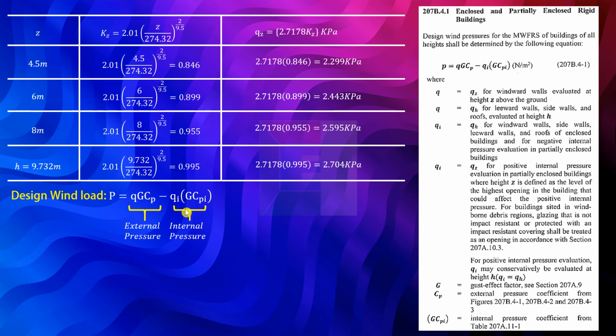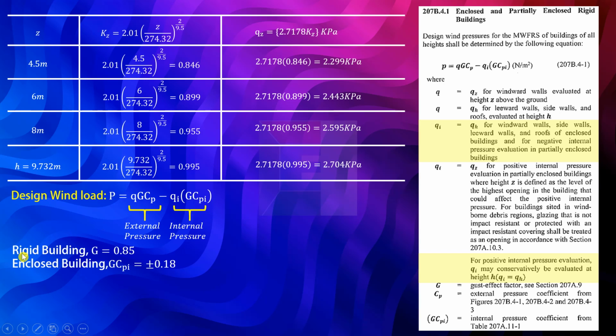So makikita natin dito na yung QI, ito, is equivalent to QH for windward walls, side walls, leewards, and roof of enclosed building, and for negative internal pressure evaluation in partially enclosed building. And also makikita din natin na kahit hindi siya negative internal pressure, kahit positive internal pressure evaluation, yung QI may be conservatively be evaluated at height h. QI equals QH. So bali yung QI dito magiging QH na.